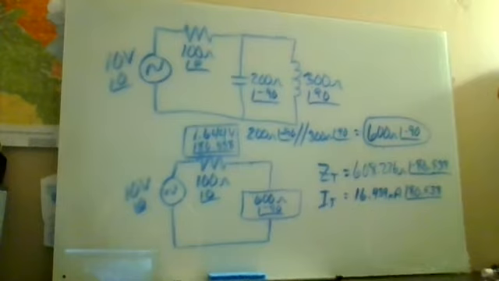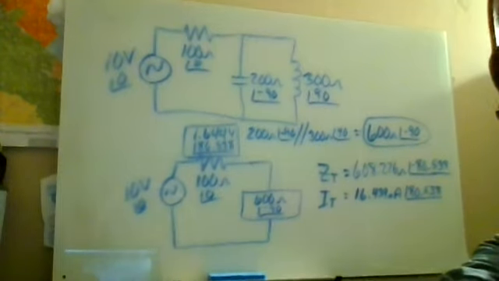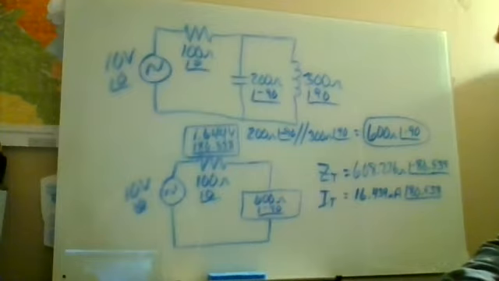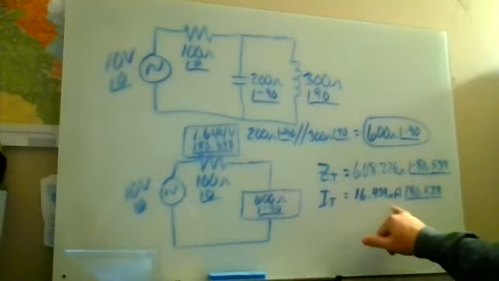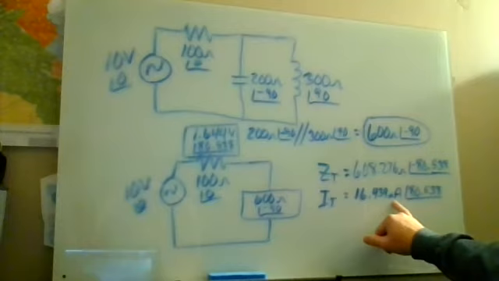Why did you get 1.644 volts? I got 1643.9 with an angle of 80.537. Okay, what did you punch in? I punched in 16.439 with an angle of 80.537 multiplied by 100 with an angle of 0. Because this is what?